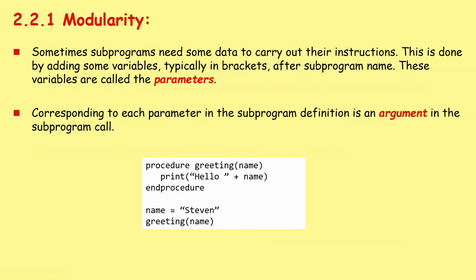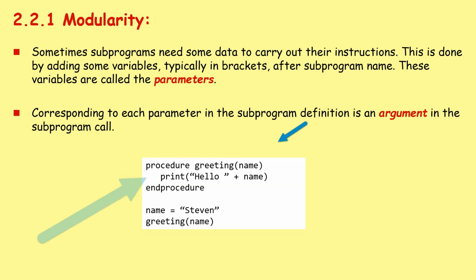Sometimes subprograms need some data to carry out their instructions. This is done by adding some variables, typically in brackets, after the subprogram name. These variables are called the parameters. Corresponding to each parameter in the subprogram definition is an argument in the subprogram call. So you can see here we've got a simple procedure called greeting.